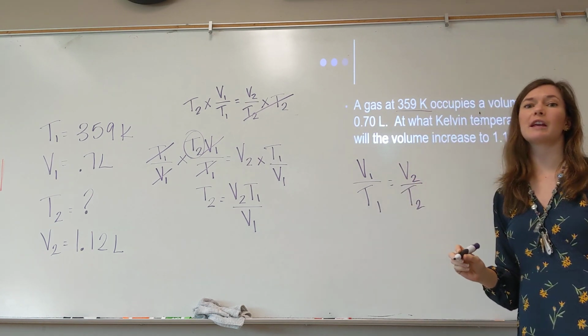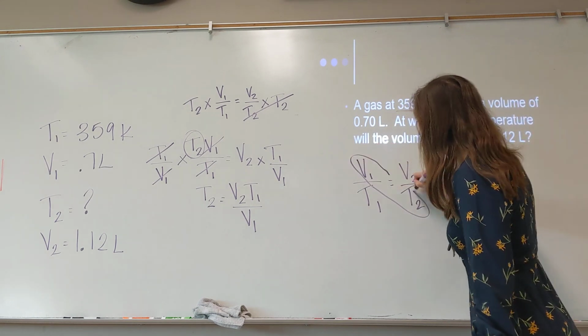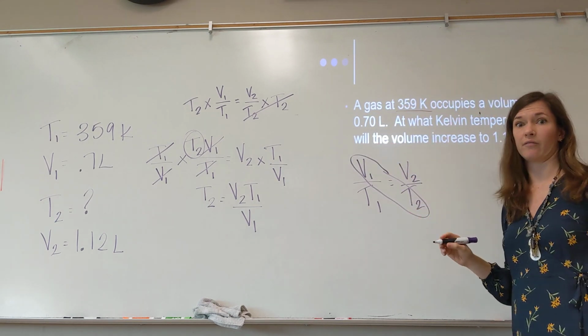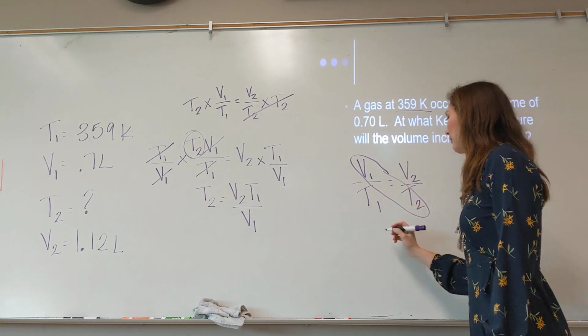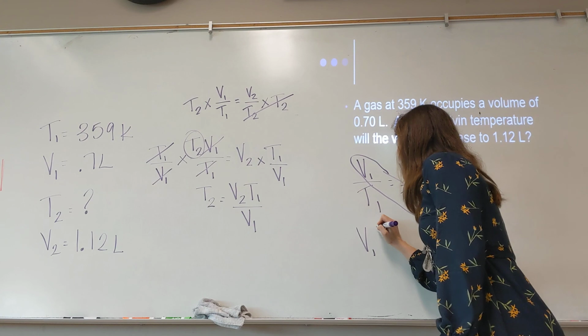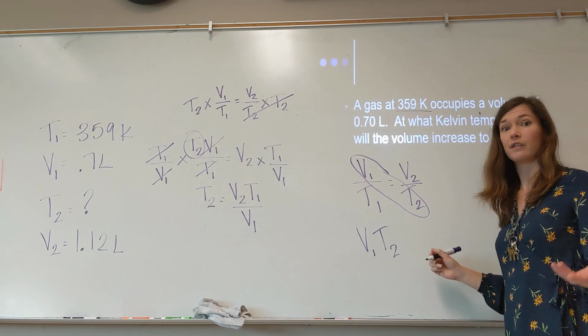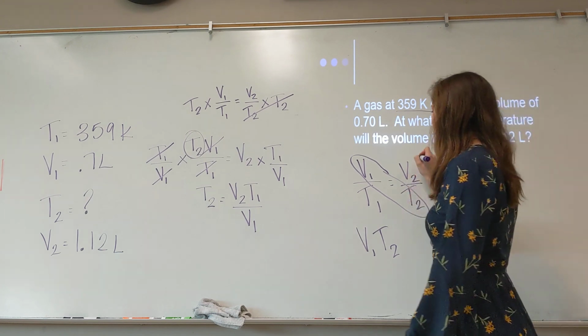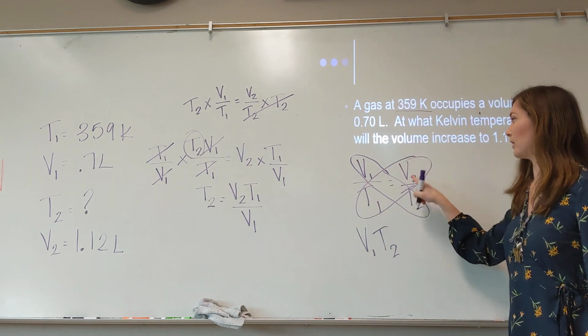Cross multiplication means that you are going to take the variables that are diagonal from one another and multiply them. So I'm going to take V2 and multiply by T2. Notice T2 is now going to be on the top of the equation. And then I'm going to do the same thing to my other two variables, T1 times V2.